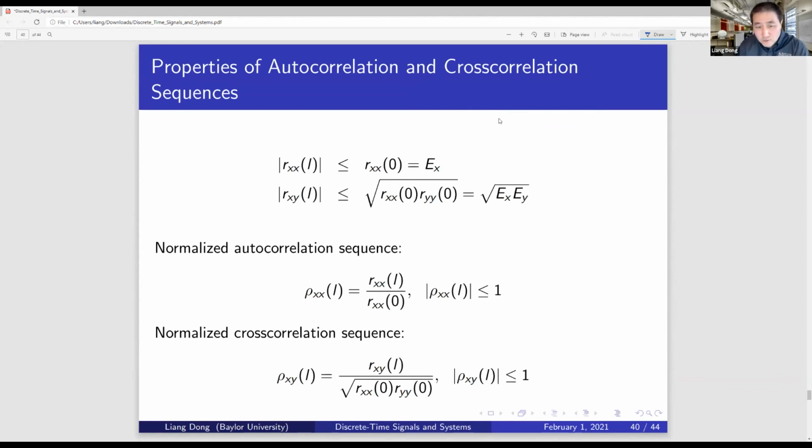Now, if we do that, we know the maximum value we can get is when the lag equals 0, because then we align the signal perfectly with itself. What we have here is the energy of the signal.